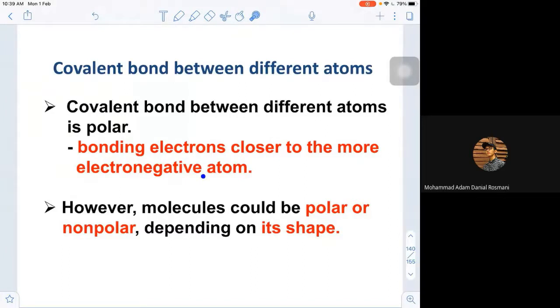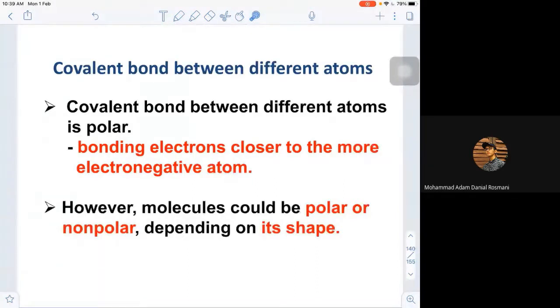So if the bonds are polar, the molecule could be polar or non-polar, and it actually depends on the shape. Let me conclude and recap. If the bonds in the molecule are all non-polar, the molecule will never be polar. But if the bonds in the molecule are polar, there will be two possibilities.